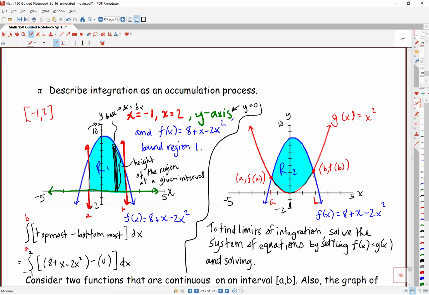If we set f of x, which is 8 plus x minus 2x squared, equal to x squared, that's setting f of x equal to g of x. I'm going to go ahead and get everything on the right side, so I'll have 0 on the left. When I add, I'll have 3x squared minus x minus 8. Okay.